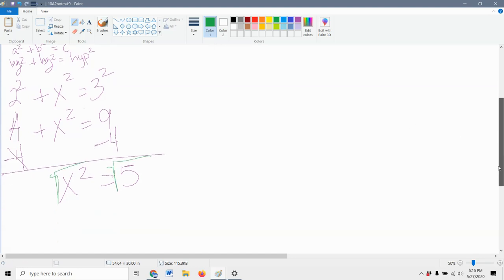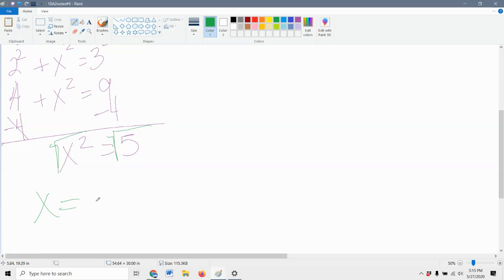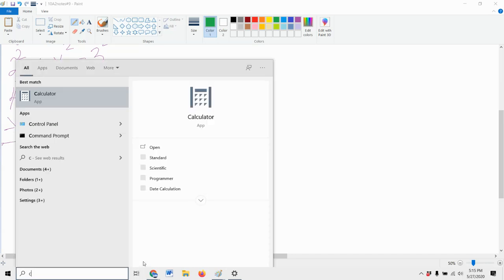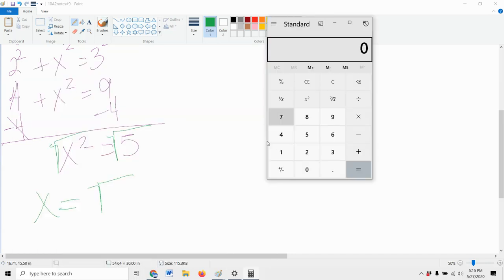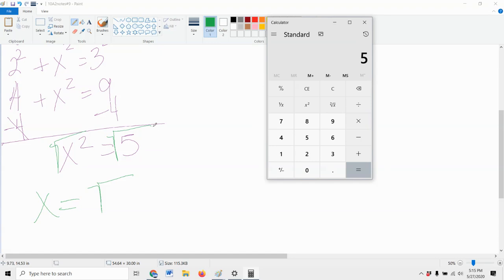Square root of x squared, of course, is just x equals, oh, that's not a perfect square. You can check it with your calculator if you want. When you check it with your calculator, all you want to do is simply pull up your calculator, put whatever number you're wondering if it's a perfect square, hit your square root button. If it's a decimal, not a perfect square, we don't want to use that. We'll leave it alone.